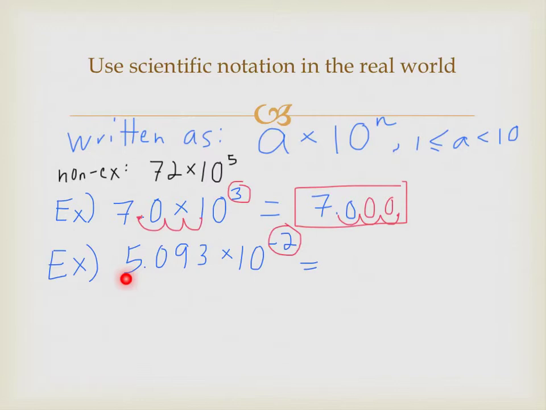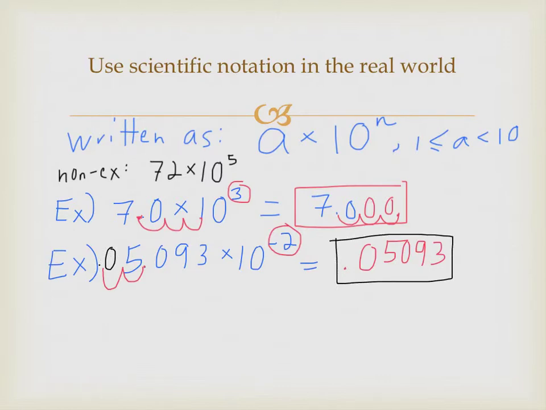So we can take our decimal place, and now we're going to move it 1, 2 to the left. So we'll have 0.05093. Keep in mind there's that placeholder of a 0 here, and that's how we get our final answer here.